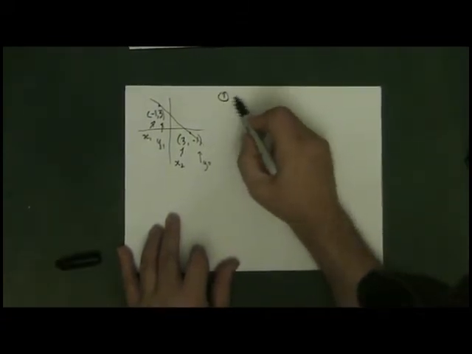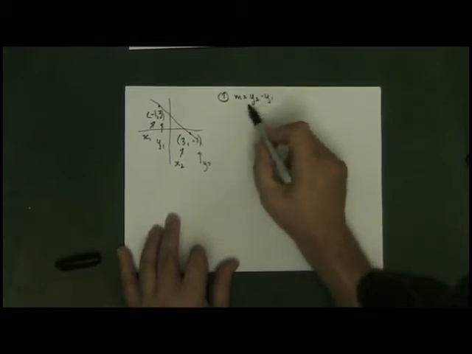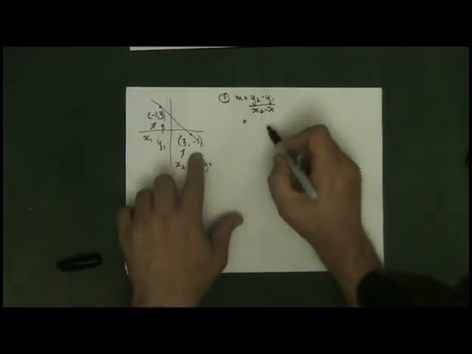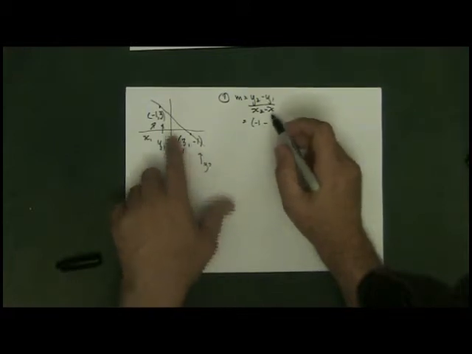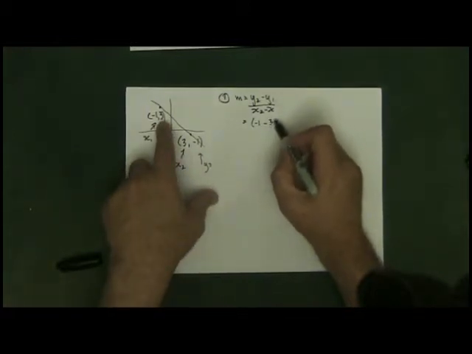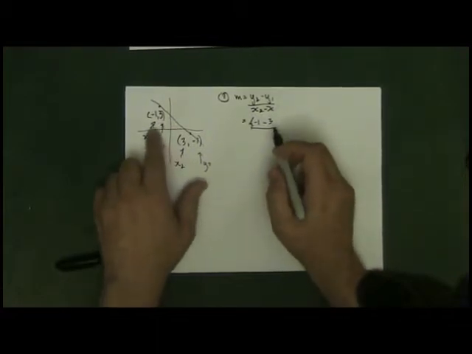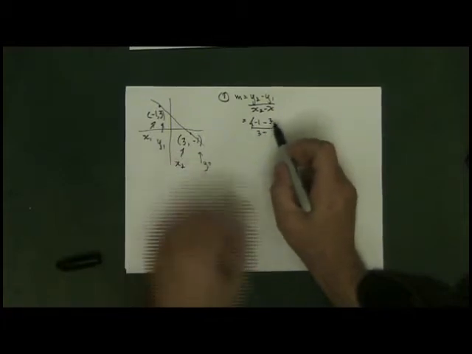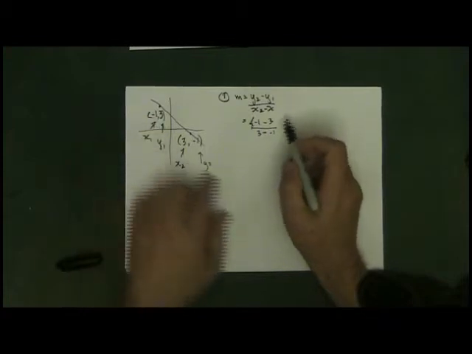Step 1, find out m. m is equal to y2 minus y1 over x2 minus x1, which is equal to minus 1 minus 3 over 3 minus minus 1.